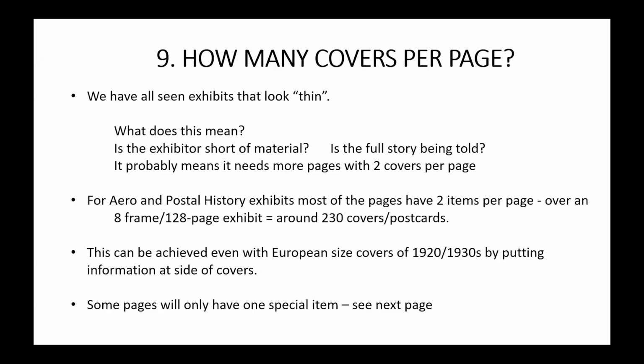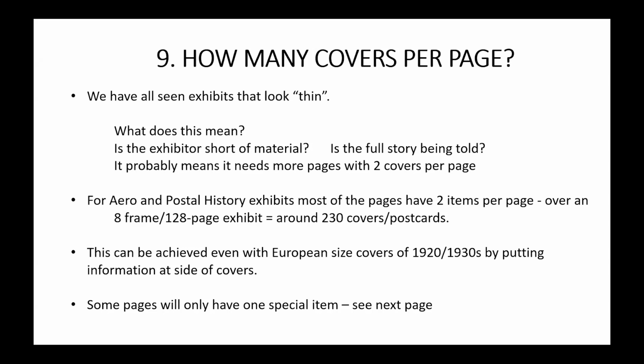How many covers per page? Whether it be postal stationery, aerograms, or letters, covers that were sent, typically you're looking at 2 covers per page. So a whole story in 128 pages could be around 230 covers or postcards. Can this be achieved and make it look balanced? Often by putting it on proper size paper, the 230 by 285 or 285 by 230, and filling as much of the page as you can and minimizing the overlapping.